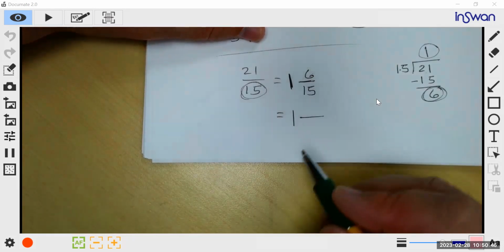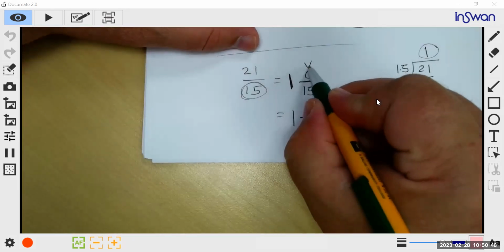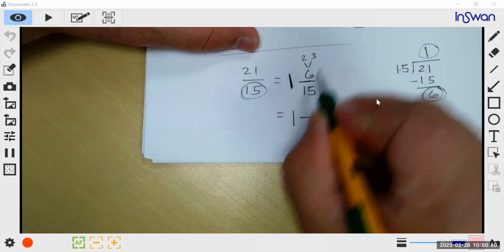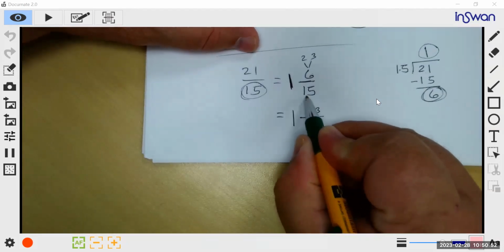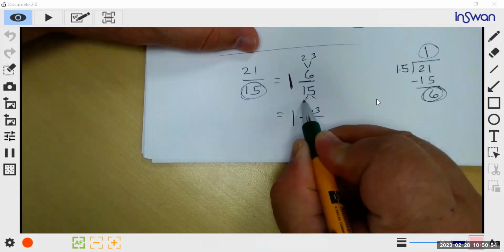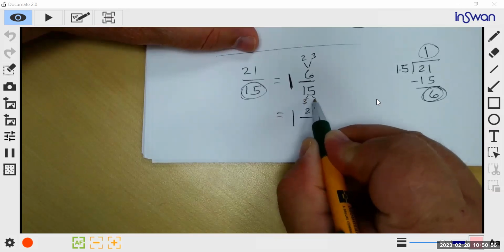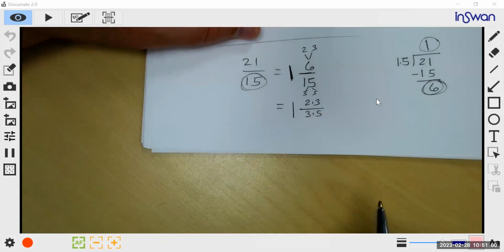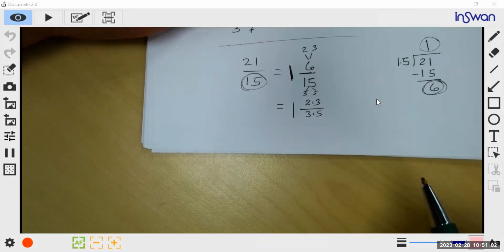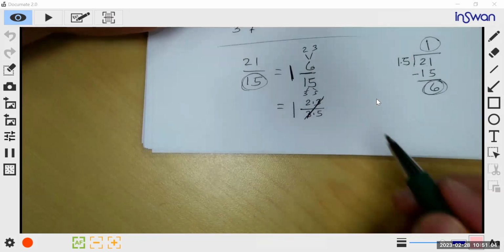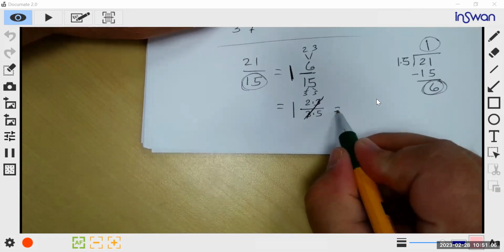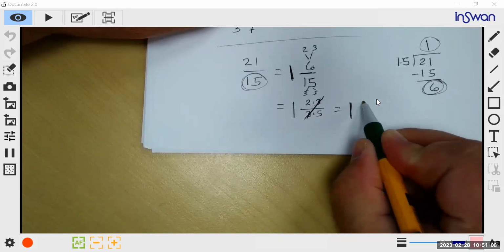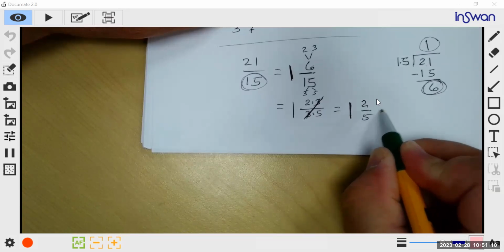What is 6 made up of? 2 times 3. And 15? 3 times 5. Anything cancel? The 3's. What I'm left with is 1, 2 over 5.